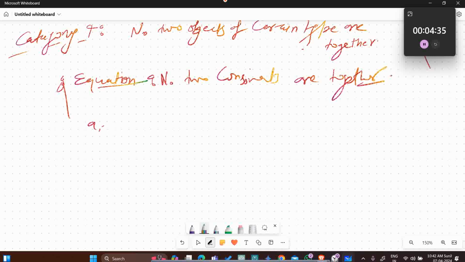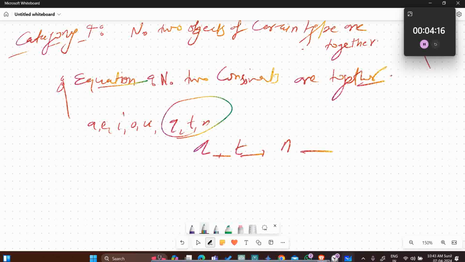So A, E, I, O, U are vowels and Q, T and N are consonants. Q is here, T is here, N is here. There are places for vowels to settle.